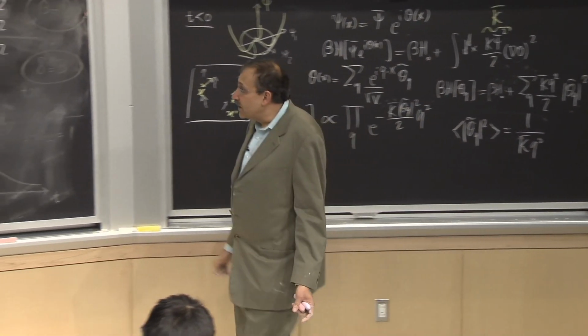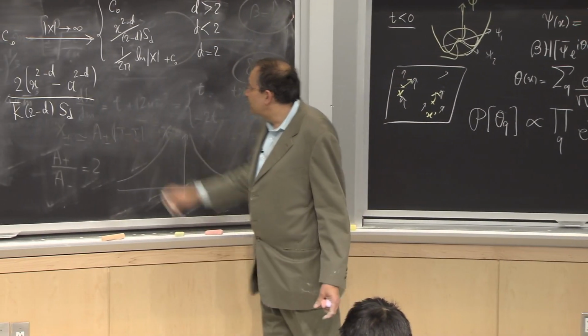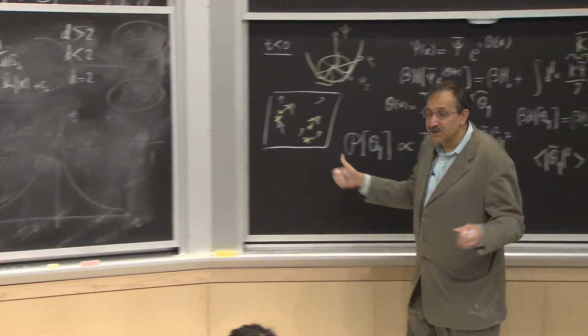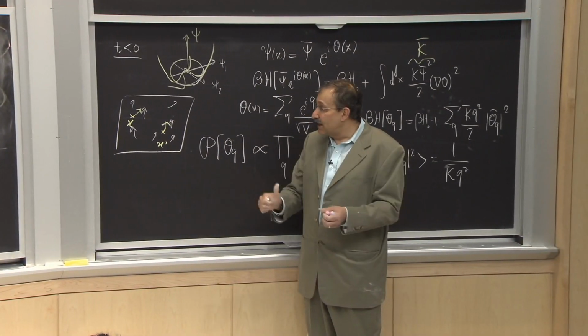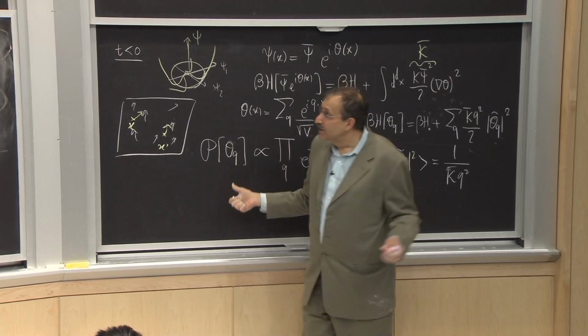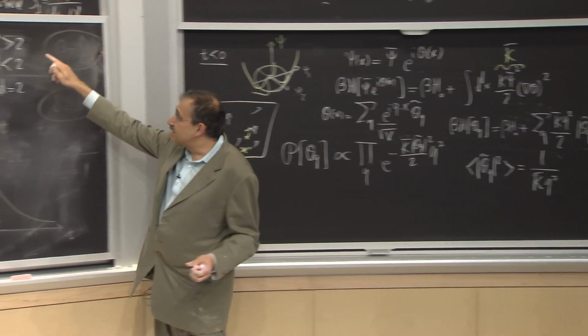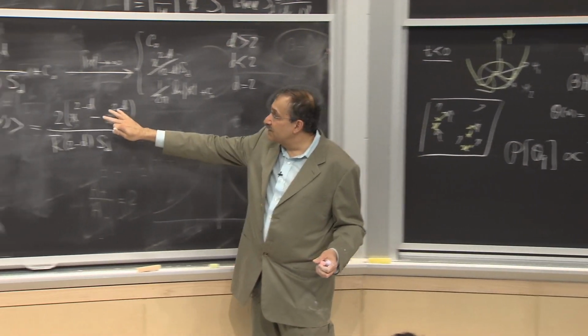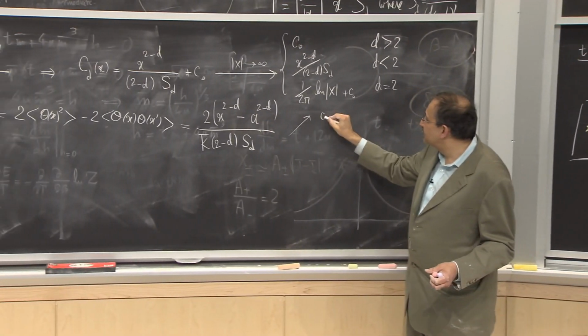But again, what I find is that if I look at the fluctuation between 2 points at large distances, if I am in dimensions greater than 2, this thing eventually goes to a constant.